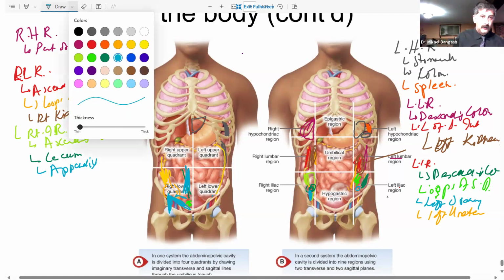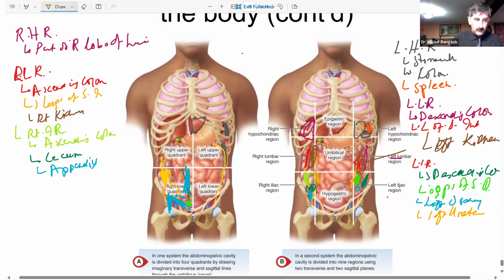We may still say there's a bit of loops of small intestine, mostly what you call the ileum. Did you guys get that?